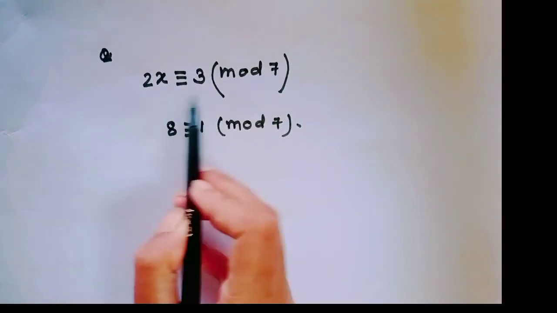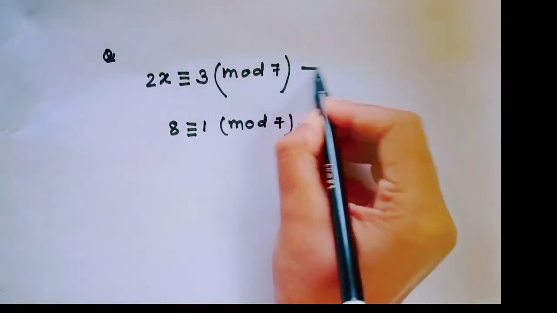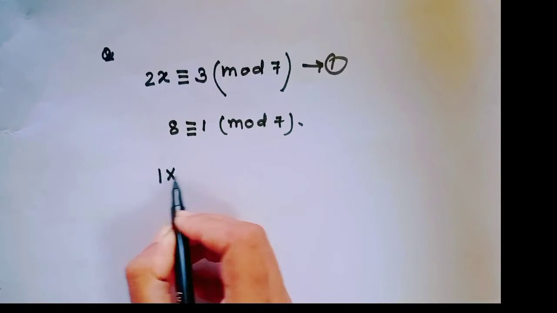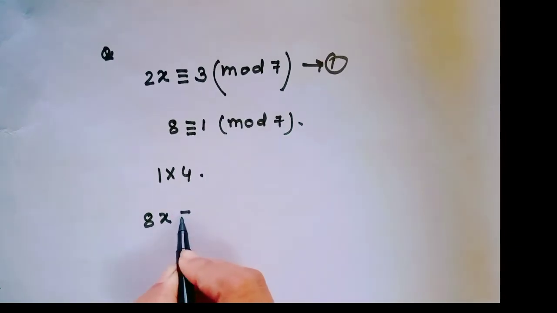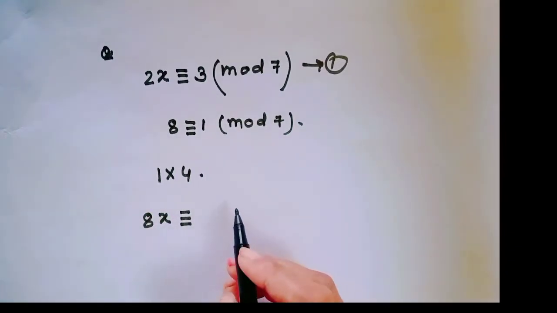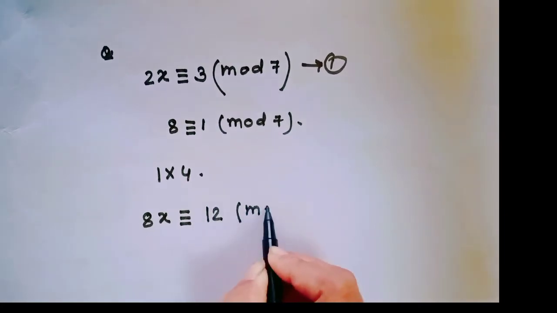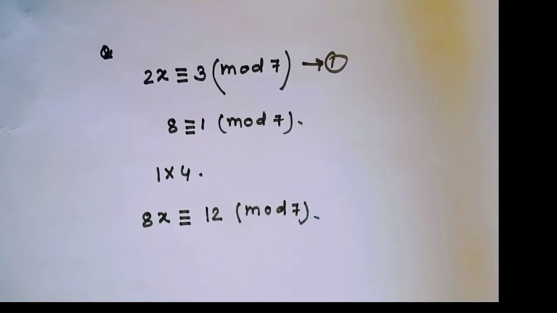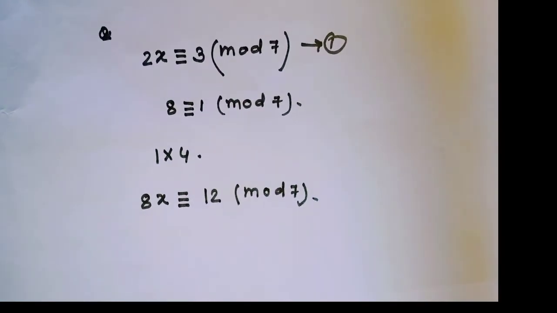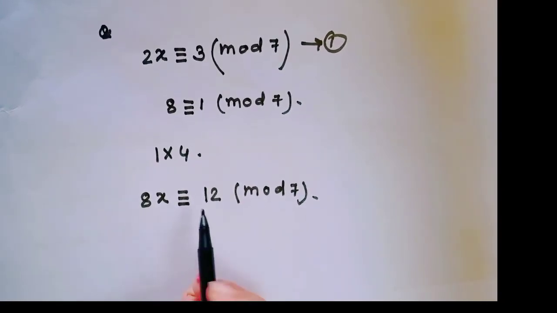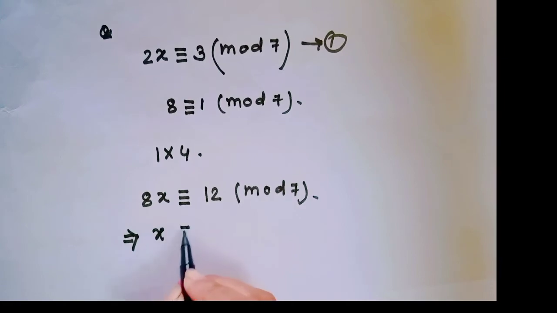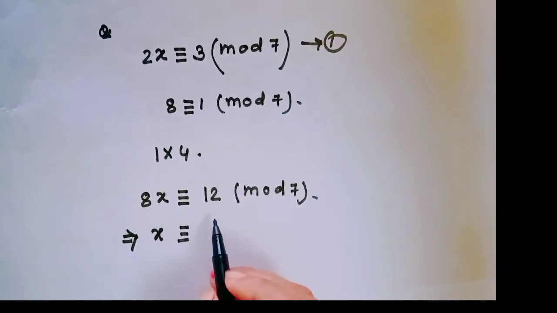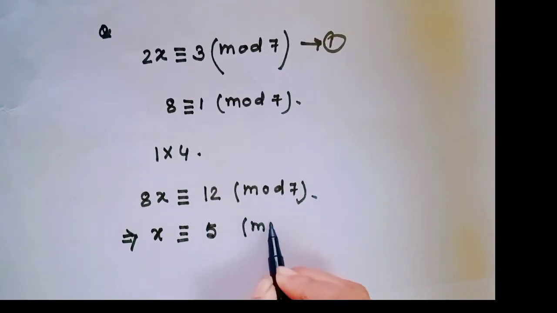Now multiply this congruence by 4. Then 8x ≡ 12 (mod 7). Then from this relation x ≡ 5 (mod 7).